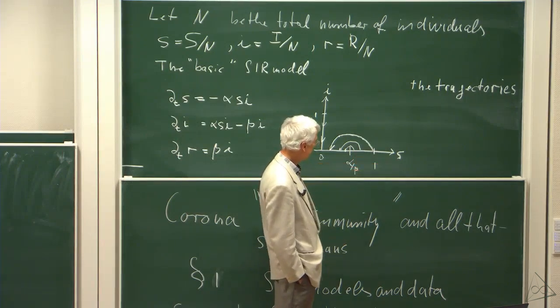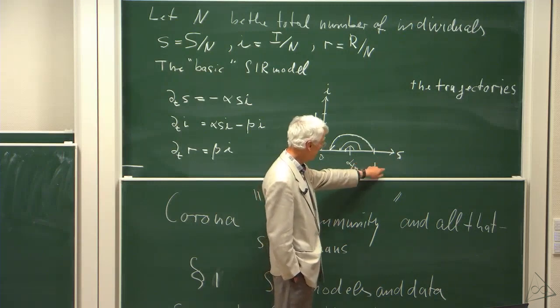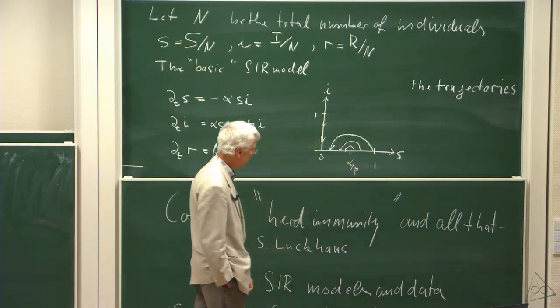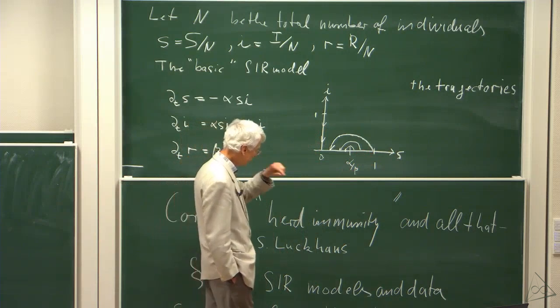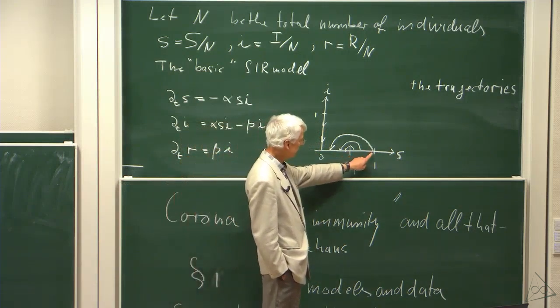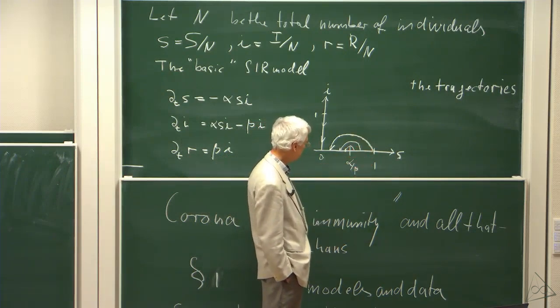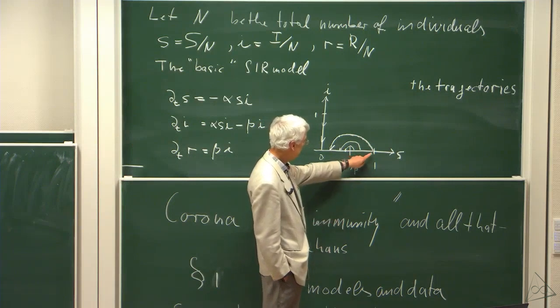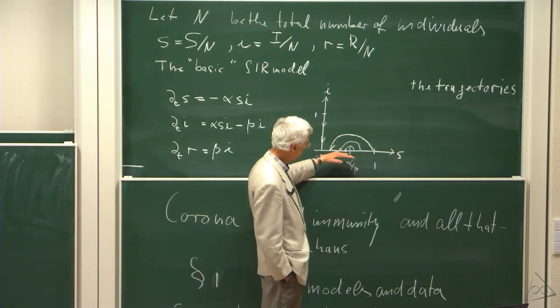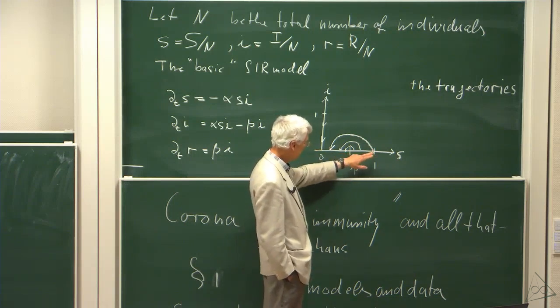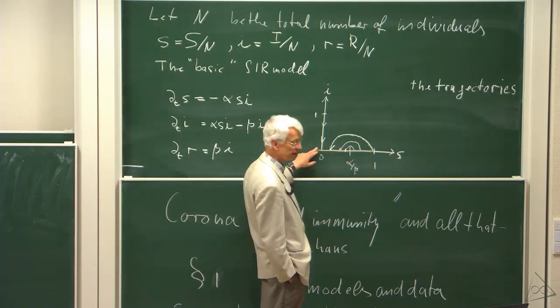So everyone is susceptible there. So this little s is equal to 1. And then what is going to happen is, of course, a small rate of infection somehow is usually imported from the outside. And then the epidemic starts. Now, in this model, the number of susceptibles always decreases.